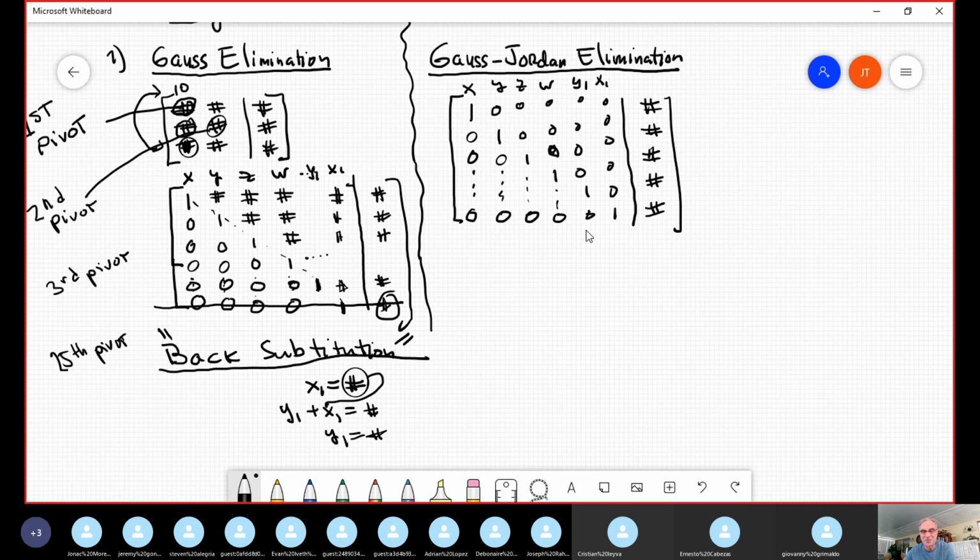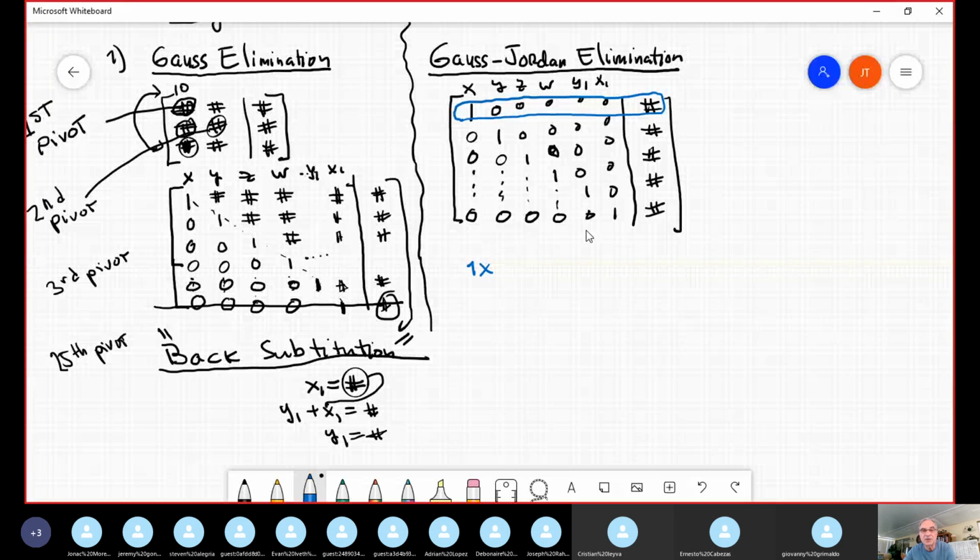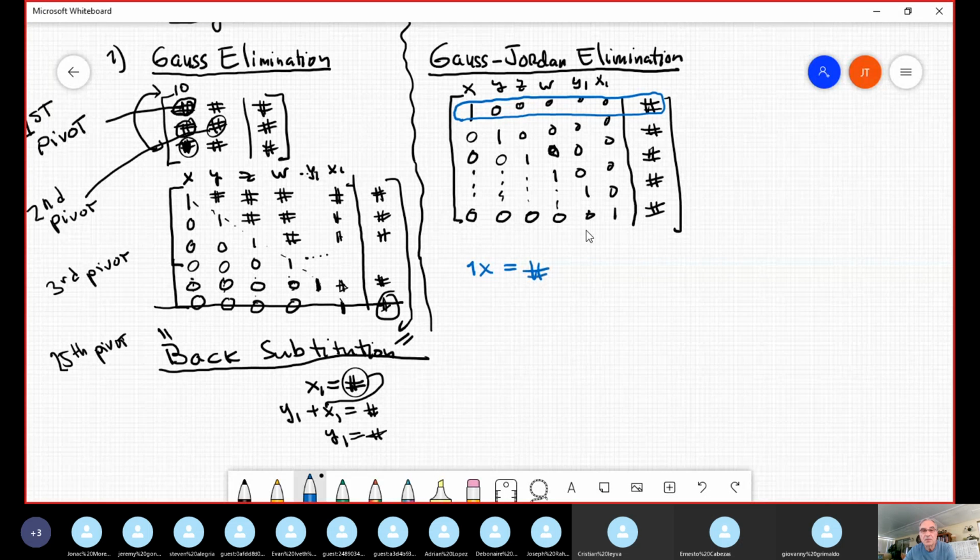Let me try to translate this row to an equation. This row is 1x, no y, no c, no w, no y1, equal to a number. The second is, I'm using green color.